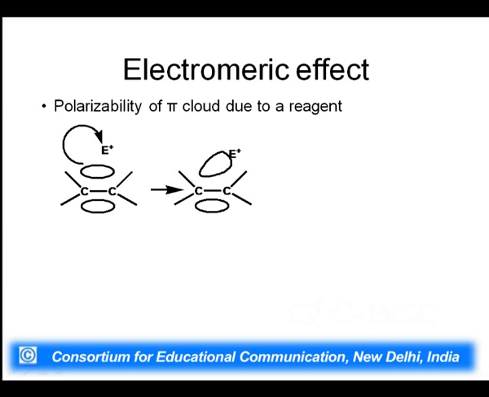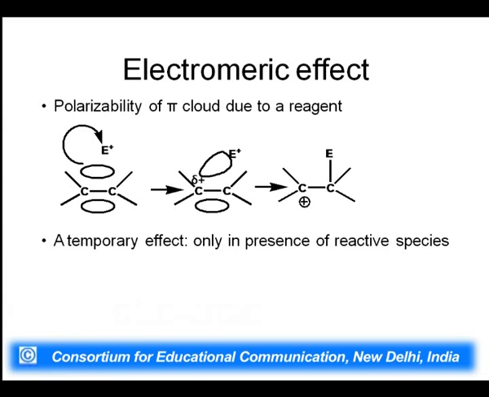This polarization creates a partial positive charge on the carbon, and the electrophile tries to take up the electrons completely from the other carbon, and hence an intermediate is formed in which this carbon is completely positively charged, a carbocation, and the other carbon has a bond with the electrophile. So this polarization has ultimately led to the formation of a sigma bond between carbon and the E substituent. This polarization of the pi cloud is called the electromeric effect.